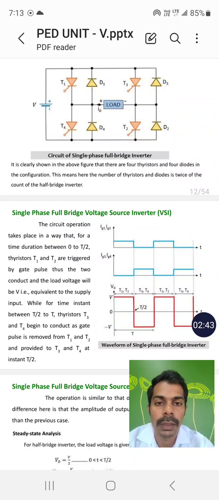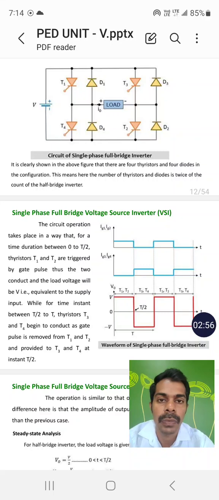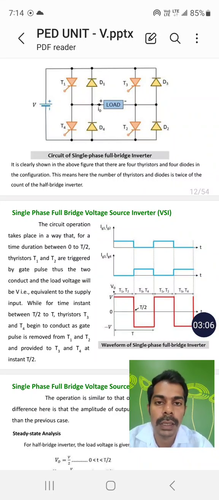We are giving the gate pulses for the thyristors T1 and T2, so the output voltage appears in the positive region where T1 and T2 conduct. When we turn off T1 and T2, the gate pulses for T3 and T4 are applied, so that the voltage will be in the negative region.